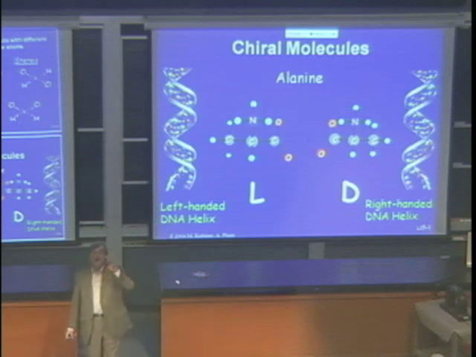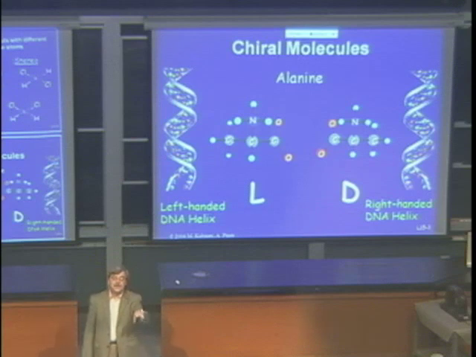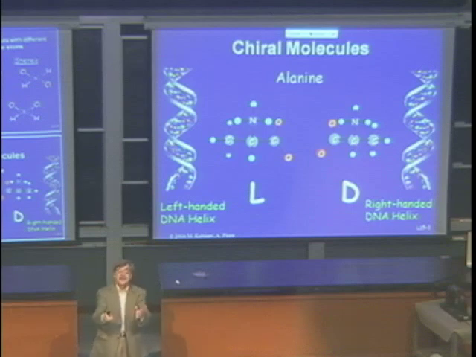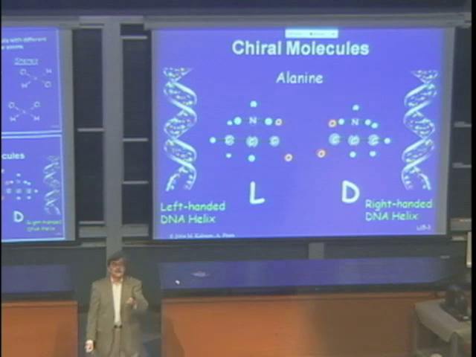And only the L form of that drug is being recognized by the receptors in your body to do whatever the drug is supposed to do. But the D form is not recognized. It doesn't do anything. But it's much cheaper to not purify it, just sell this whole mixture as the drug, and nevertheless, only half of it is biologically active for us.